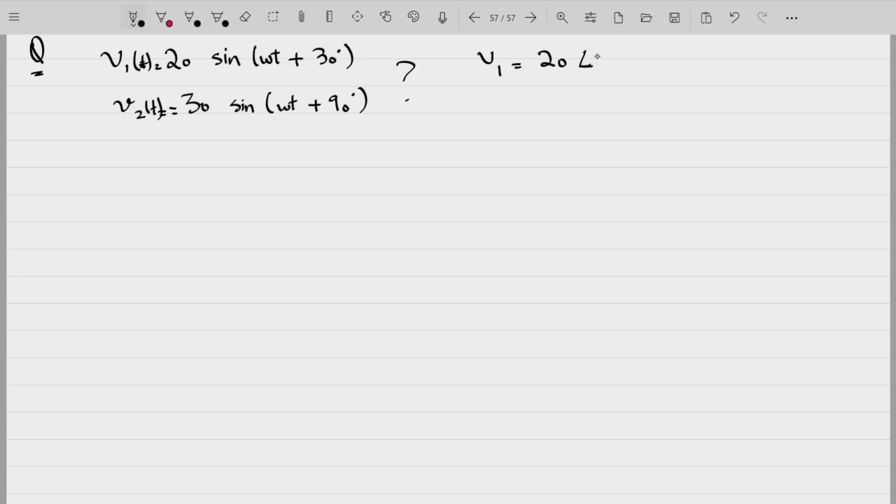This is in sine, so this will be 30 plus 90, so that means 120 degrees. V2 will be 30 angle 90 plus 90, that means 180 degrees. ये तो ये हो गया, एक तो ये क्वेश्चन है आपका, इसका फेजर रिप्रेजेंटेशन निकालना.